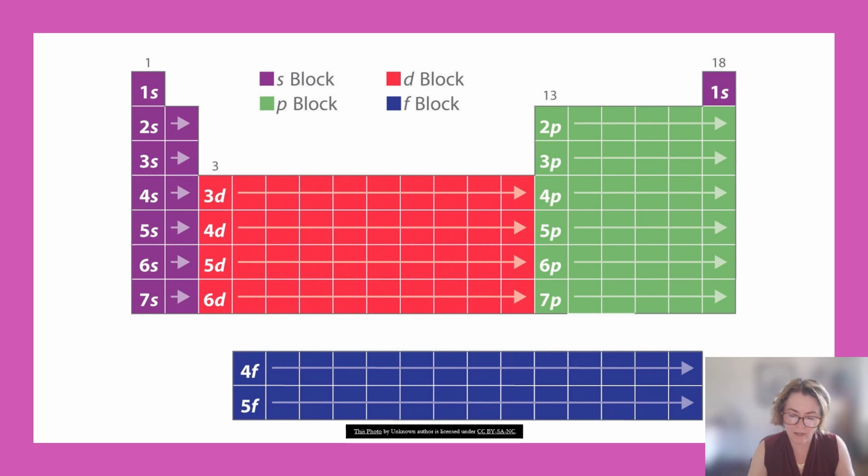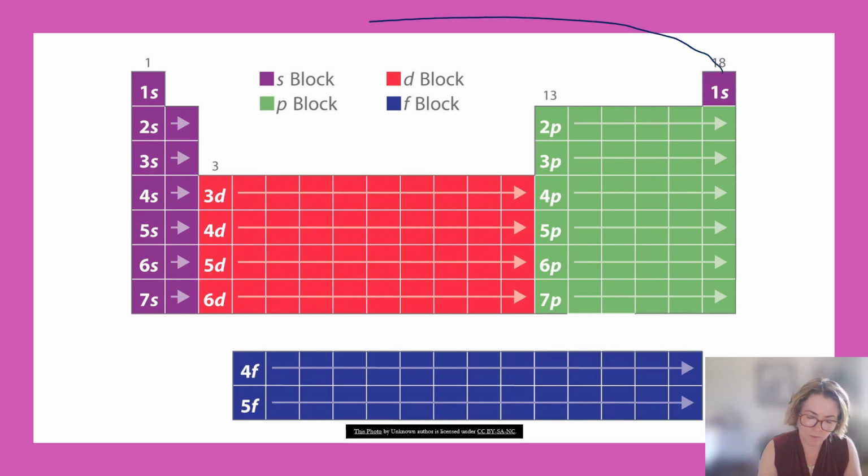Remember that helium over here really goes here. But you notice that going across that first row, we're talking about the S block, and that is labeled with a 1 in front of it. If I go down to the second period, that is labeled with a 2, for the S's and also for the P's.